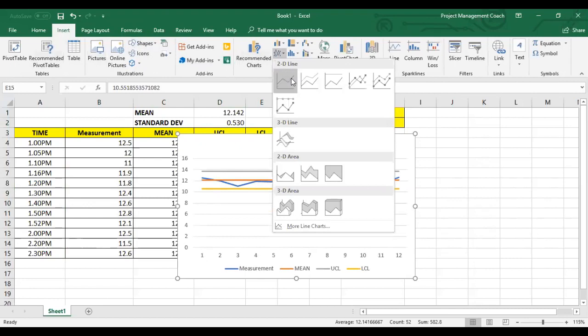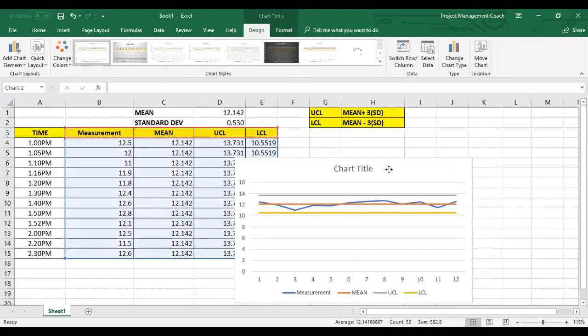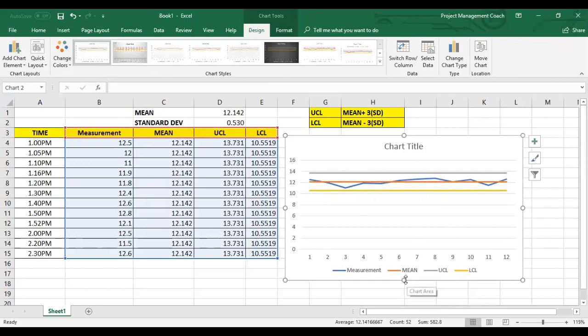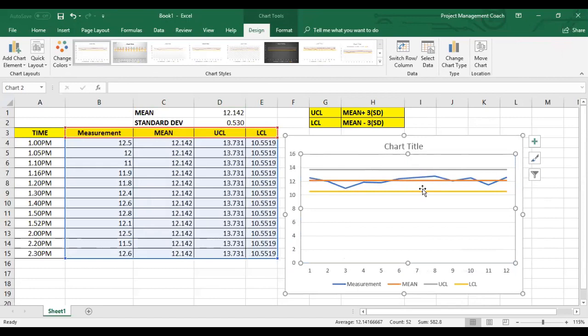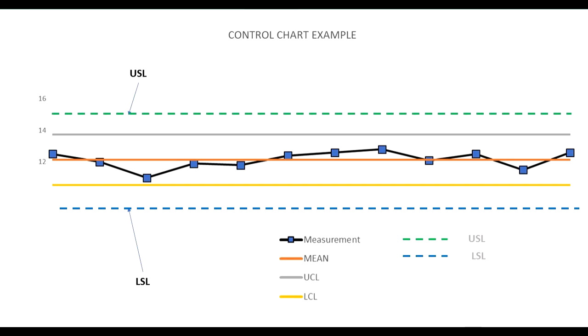And you can see it does need a little bit of formatting to really pop. But you can see this is the line showing you more like a run chart. The middle, the red one right there, is the mean. That is the lower control limit, and that is the upper control limit.